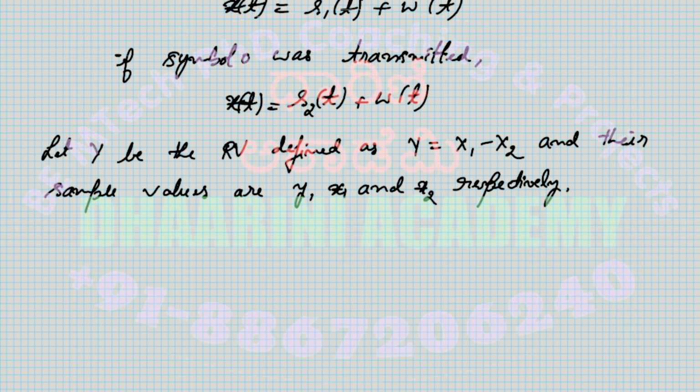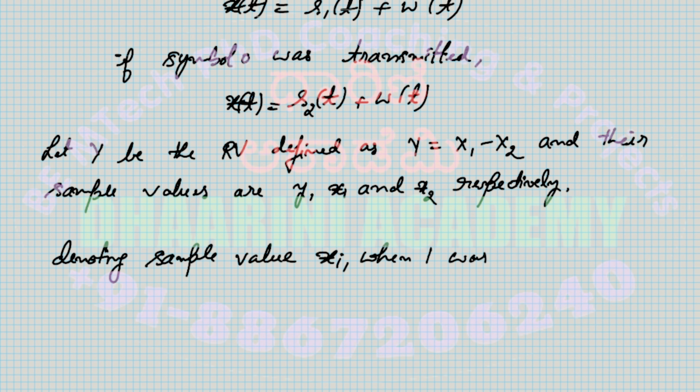Denoting the sample value xi when symbol 1 was transmitted, this is xi given that 1.